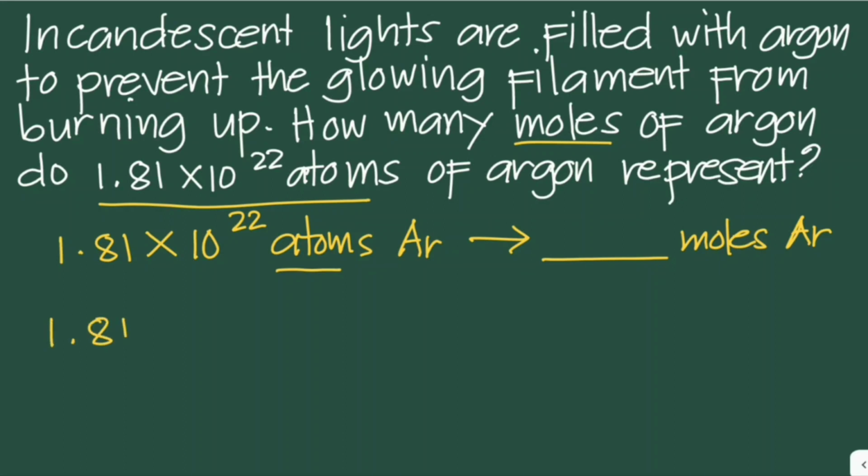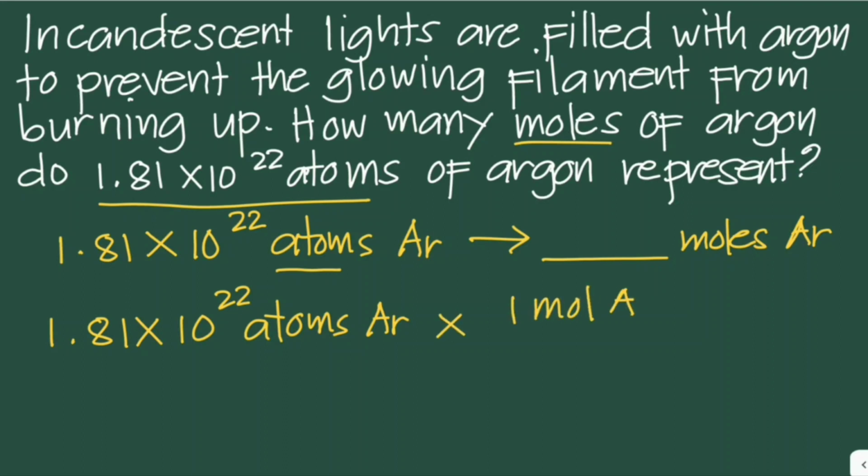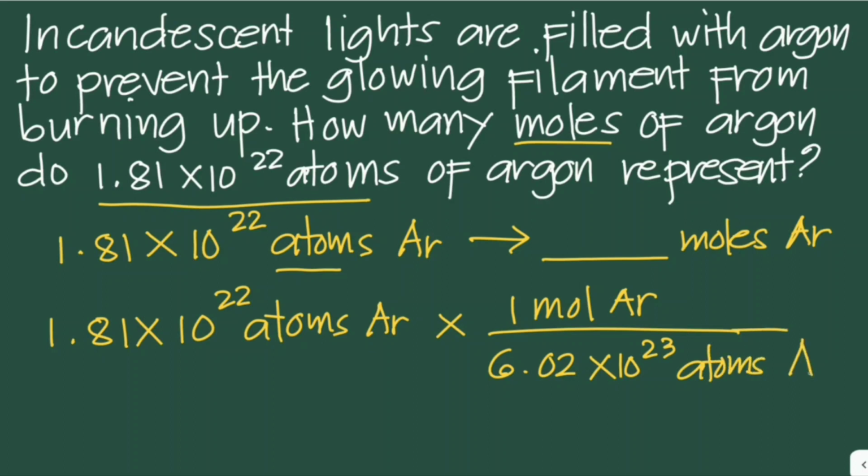So that would be 1.81 times 10 to the 22nd atoms argon times 1 mole of argon is to 6.02 times 10 to the 23rd atoms of argon. The atoms unit will be canceled out, and then we'll be left with moles.